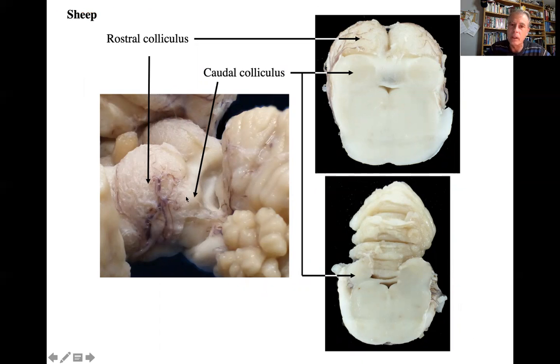Here you have the caudal colliculus. If you compare it with dogs, the rostral in this case seems to be much bigger. And there you see the pineal gland. Sorry, this is the pineal gland. So in a transverse section, the caudal colliculus and then a big rostral colliculus.